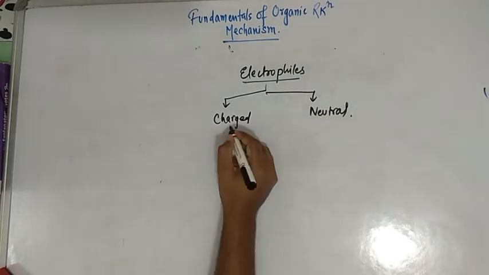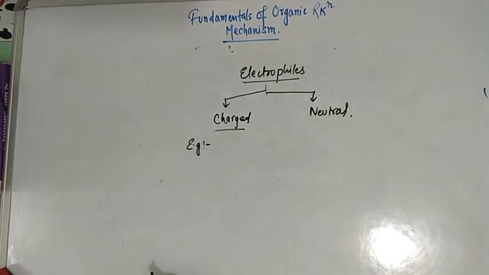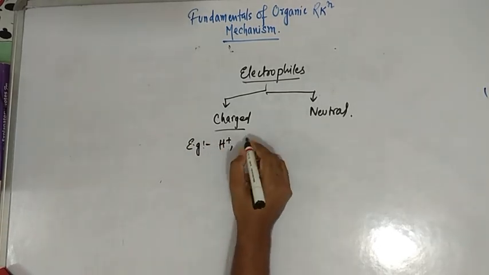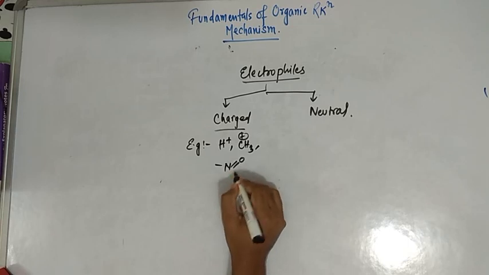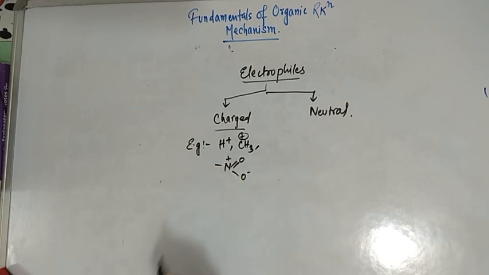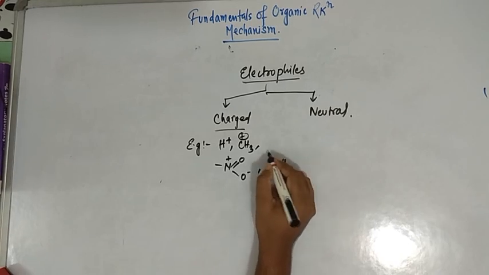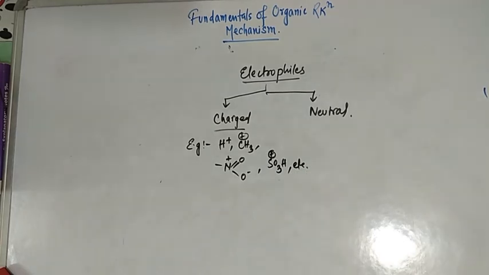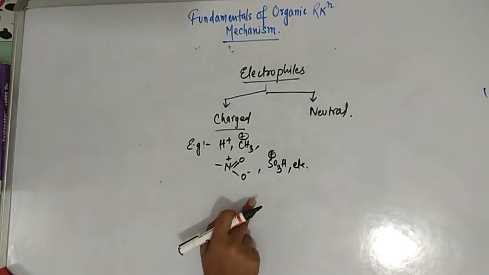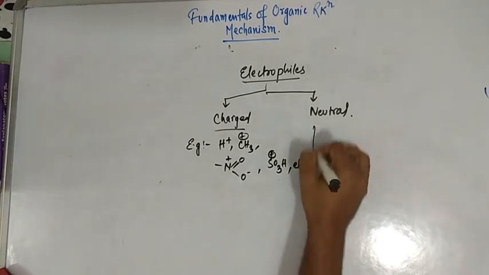Examples of charged electrophiles are H+, R+, NO2+, SO3H+, etc. These are positively charged species. So these are charged electrophiles.